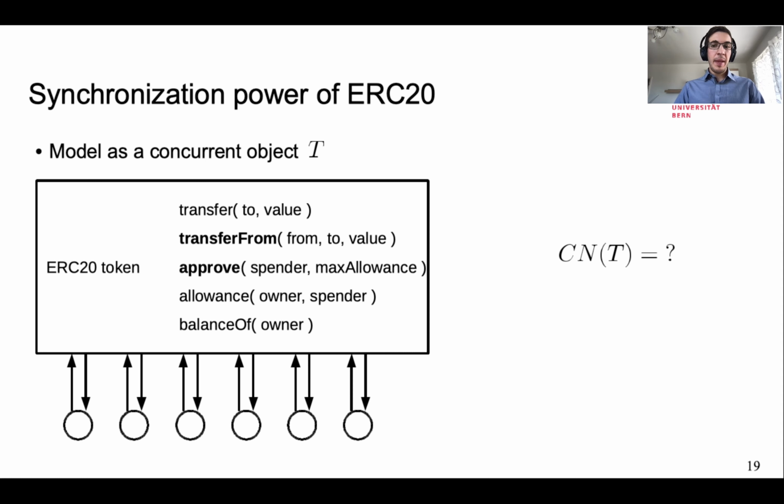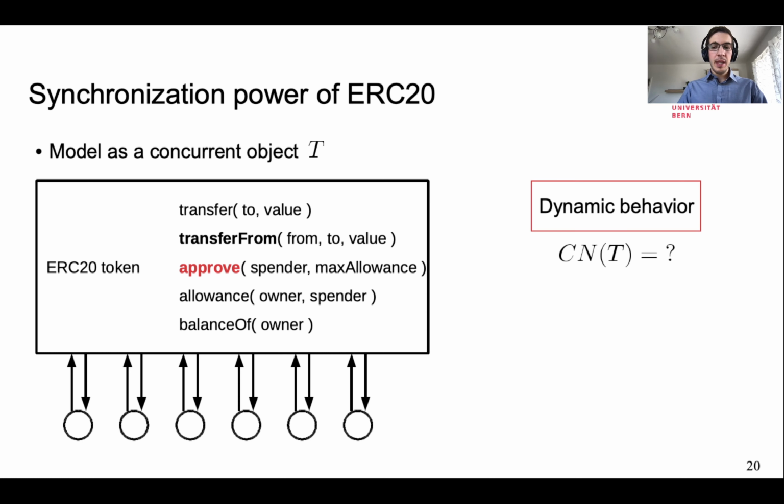Where things become interesting and challenging is when we observe that the approve function can be called dynamically at any point by account owners in order to increase or decrease the allowances of other parties. Moreover, when a party calls the transferFrom method, their allowance is also changed.